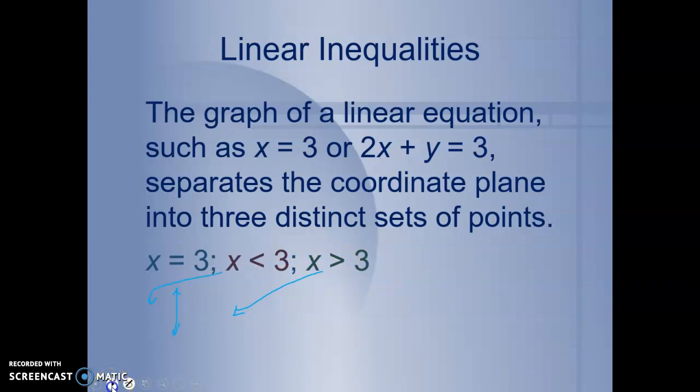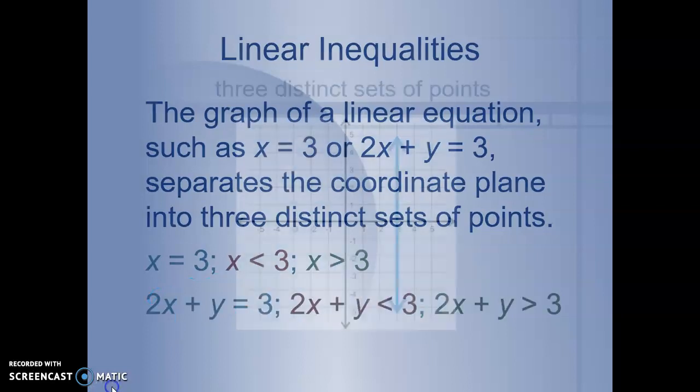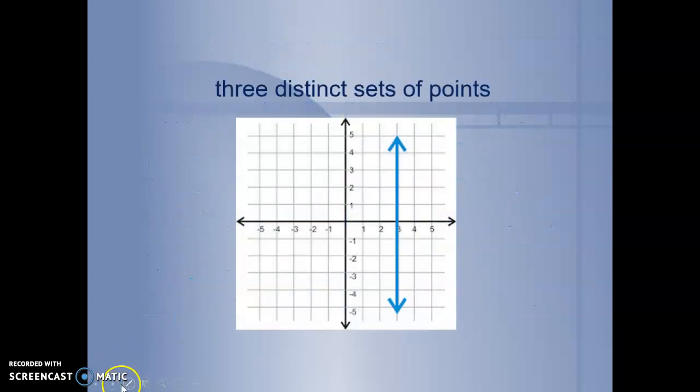So we've got 3 distinct areas here. In 2x plus y equals 3, we have the actual line, 2x plus y equals 3, and then the area to the left and to the right of that line. Take a look at that on the Cartesian plane. I kind of sketched it on the previous slide, but you can see it here. We have x equals 3. Over here, we've got x is less than 3, and to the right, x is greater than 3.